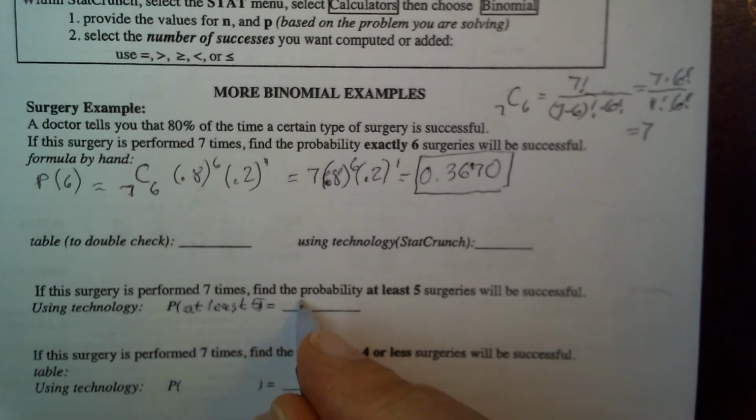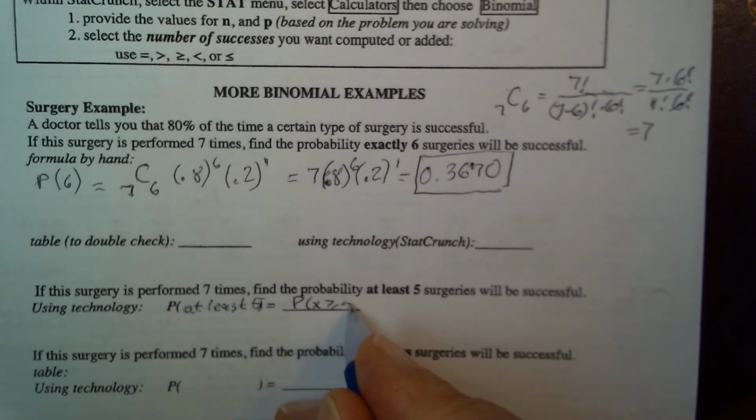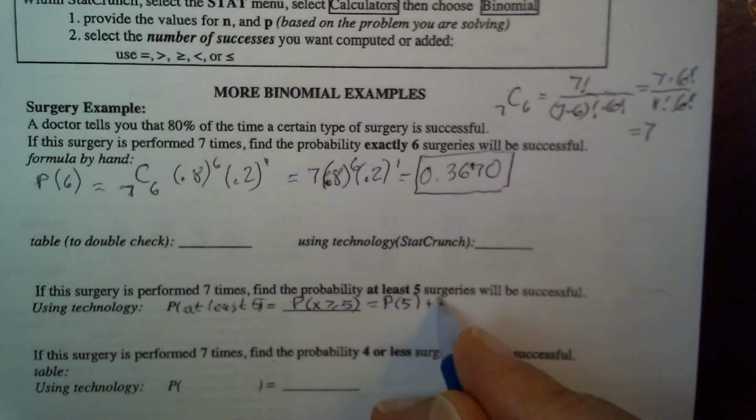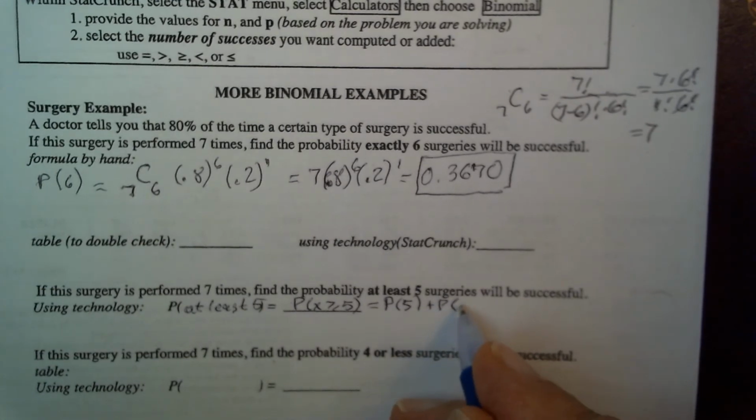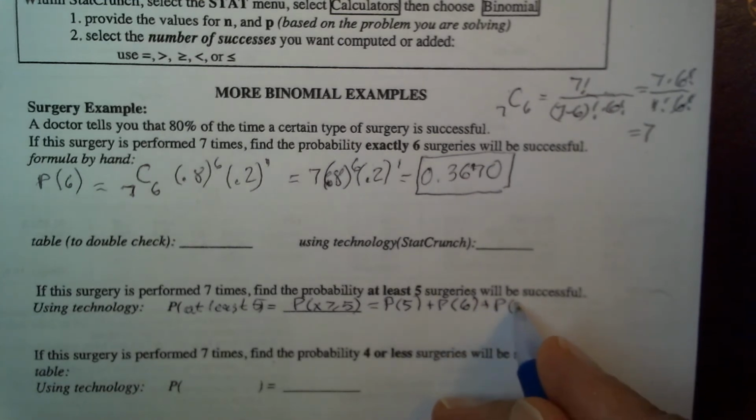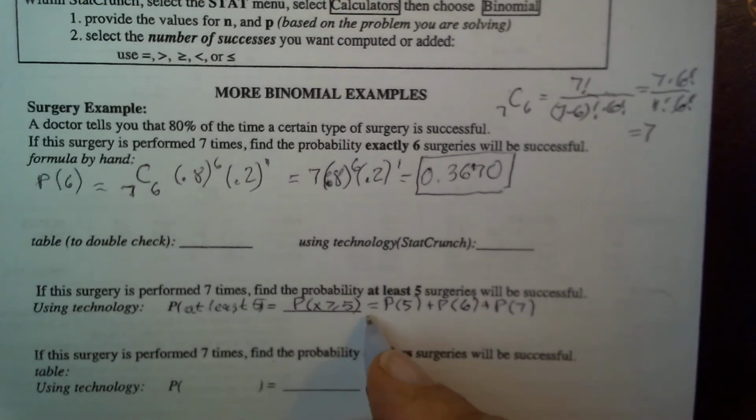That would be the probability that x is greater than or equal to 5. So in other words, it would be the probability of x equal to 5, plus the probability of x equal to 6, and the probability that there will be 7 successful surgeries. And that's very awkward to do, a lot of calculations.